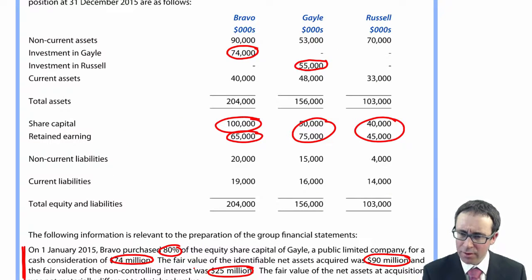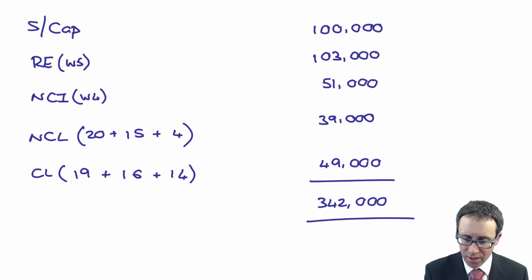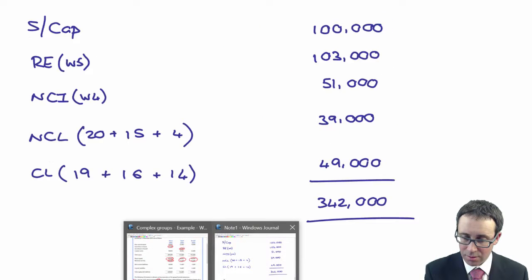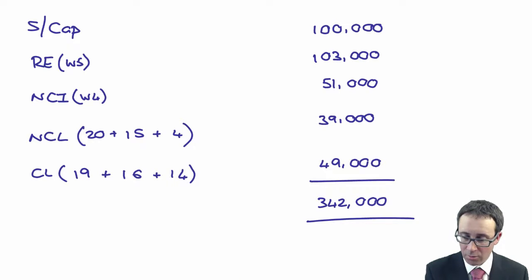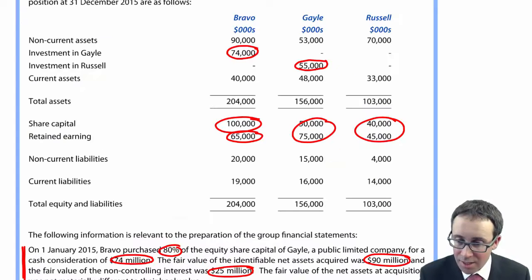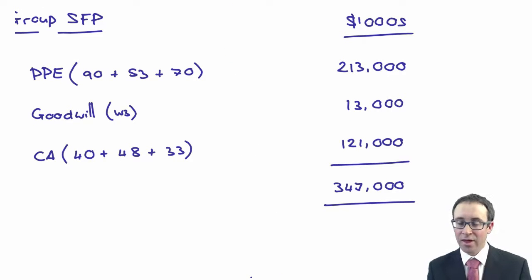Let's just check the numbers as we add across. 20, 15 and 4, 19, 16 and 14, yep, so that's all right. I'll go into the workings in a moment. PPE 90 plus 53 plus 70 is 213. Are they the right numbers? 90, 53 and 70. 40 plus 48 plus 33 gives me 121. So again, those are right there.